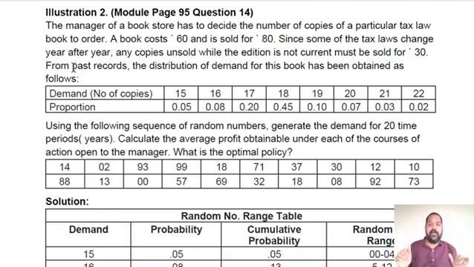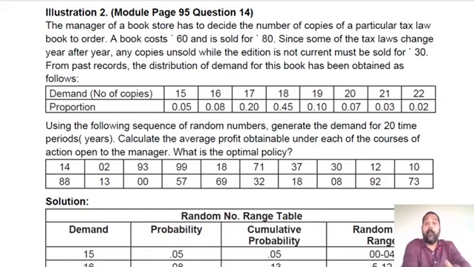If I don't sell a book, 30 rupees of loss. True. Past records, the distribution of demand for this book have been obtained as follows. The minimum demand of this book has been 15 copies and the maximum has been 22 copies. So the demand will never be lesser than 15 and never cross 22.